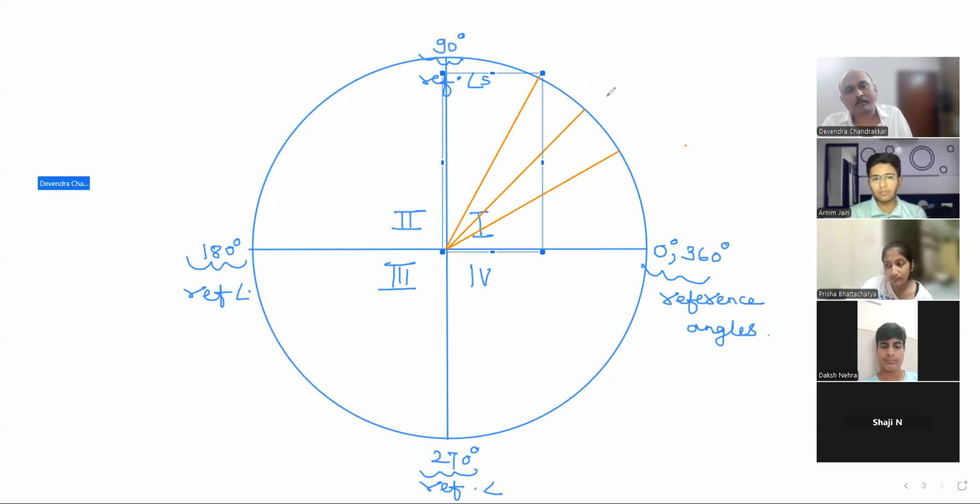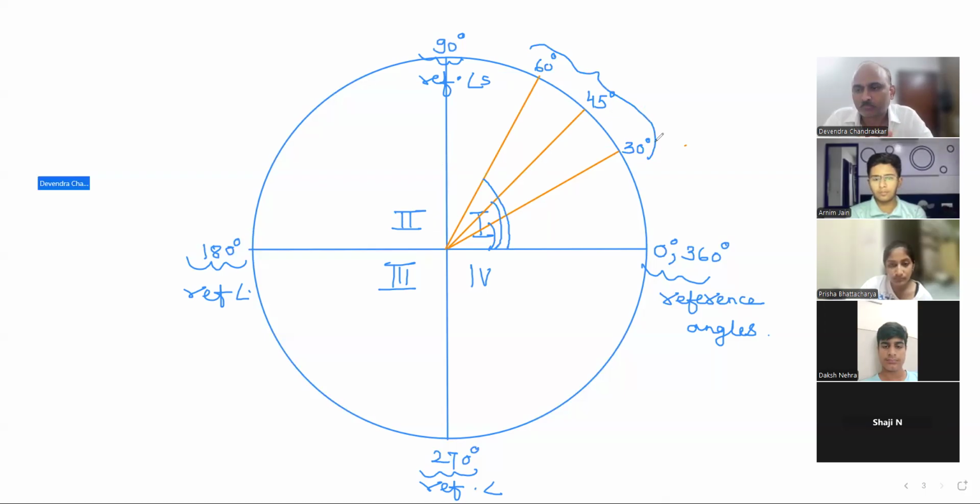This is 45 degrees, this is 30 degrees, and this is 60 degrees. So these are the three standard angles of the first quadrant. Understood, all of you?